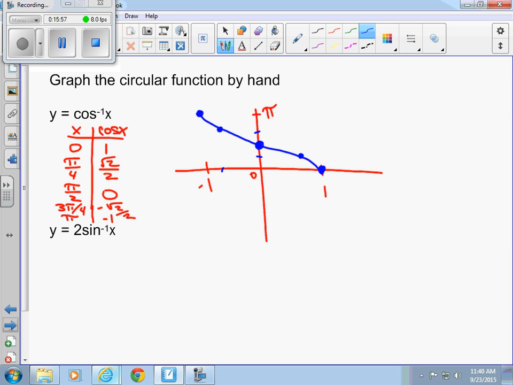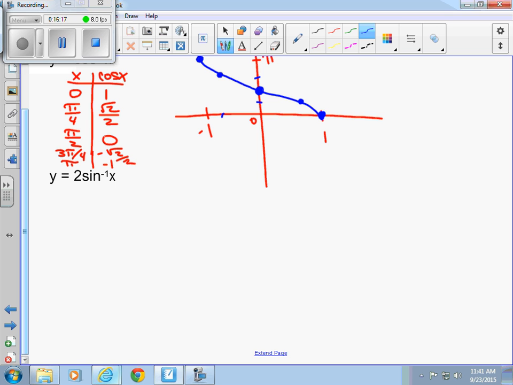Because you know at 0 it's 1, and you go from there. If you wanted to not have to plot points, you could do that, or you could plot points.